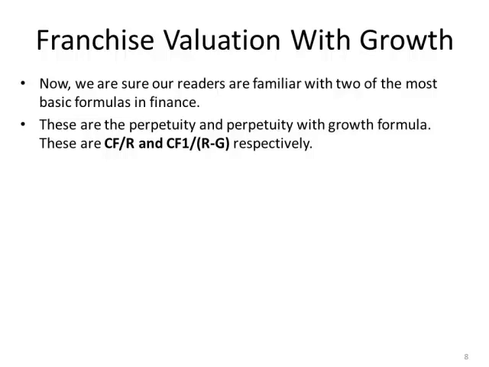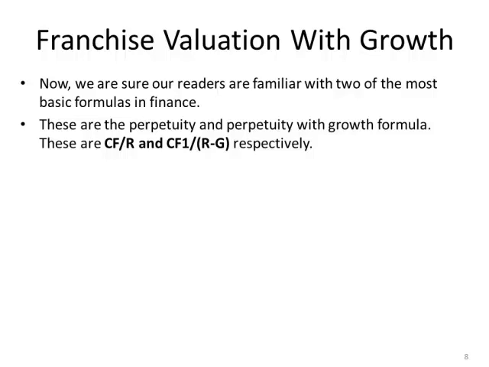How do we value that? Well, we take CF and divide it by the discount rate R. Alternatively, if we have a perpetuity with growth, we take the first cash flow CF1 and divide it by R minus G. So this is the formula for the value of a perpetuity and a perpetuity with growth.